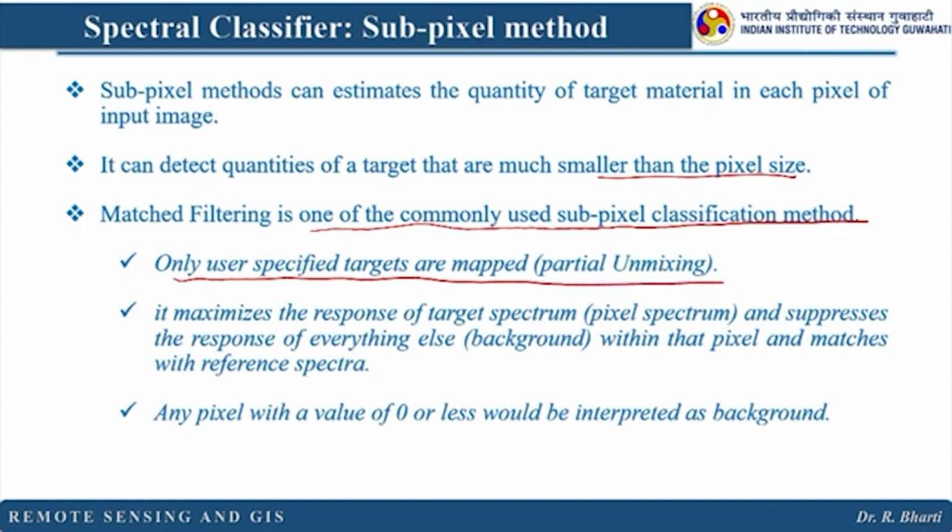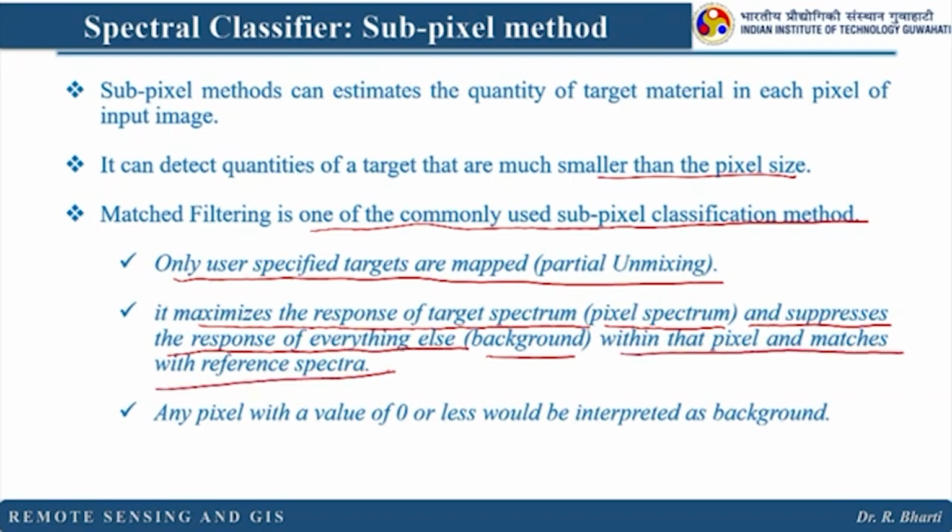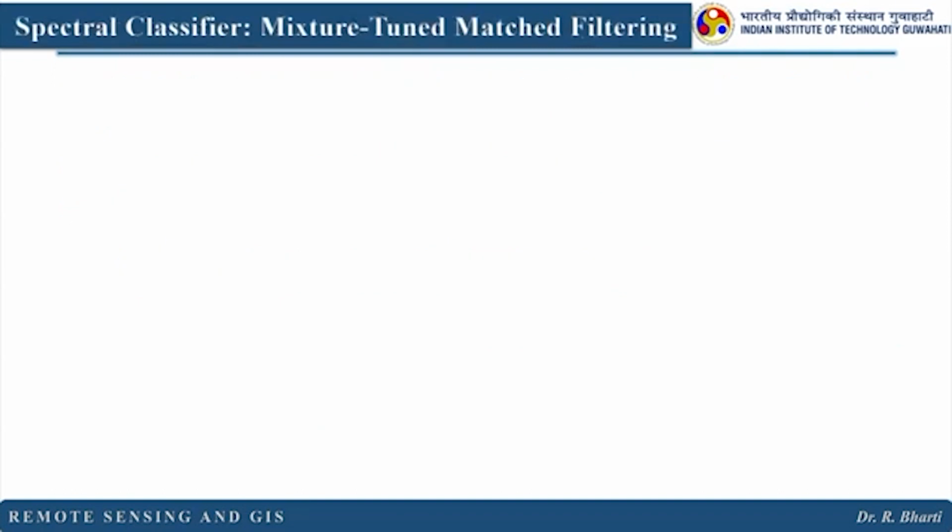That means it is not going to resolve all the materials present in that image. It maximizes the response of the target spectrum, that is basically the pixel spectrum, and suppresses the response of everything else, that is the background, within that pixel, and matches with the reference spectra. Any pixel with a value of 0 or less would be interpreted as background. So this is the limitation with this particular matched filtering.